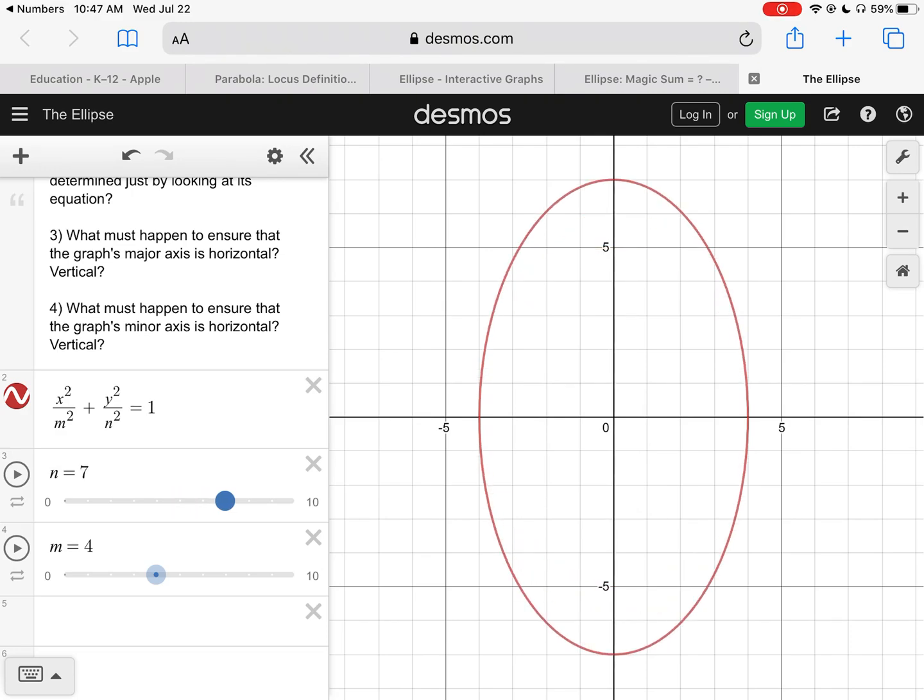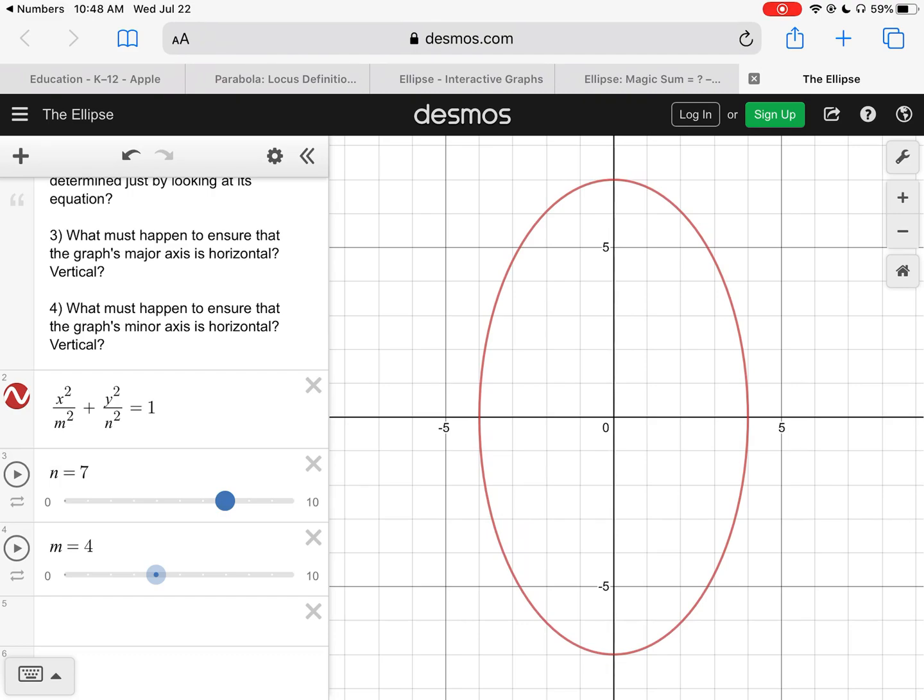Now I have the major axis as the y-axis and the minor as the x-axis. And the reason it changed is because now the value of n is larger than the value of m. And think about how that relates to your equation. If m is smaller than n, then that means the smaller denominator is underneath x squared, the larger denominator is underneath y squared.